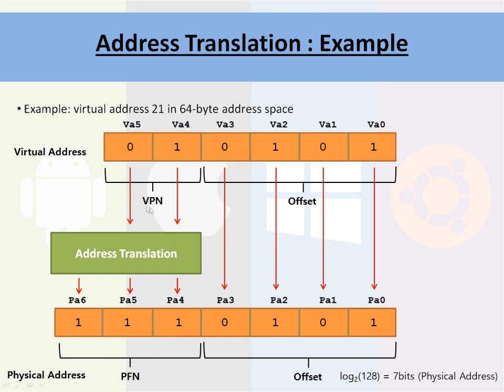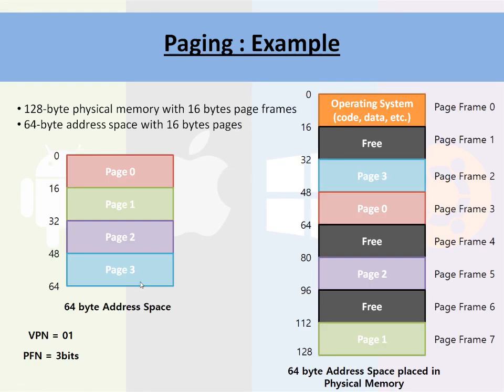Okay. And here I just simply said that there's this address translation step that happens that gets the 01 to the 11. Okay, but let me elaborate a little bit on how that actually works. Cool. So if you remember back to a previous slide, we had our physical memory and our address space represented.